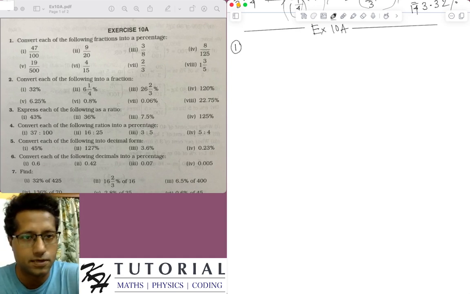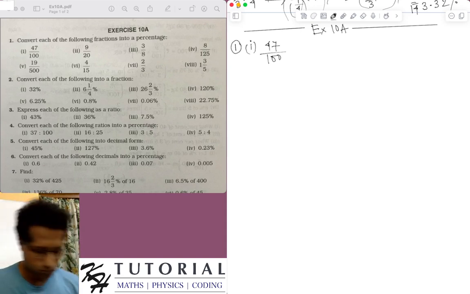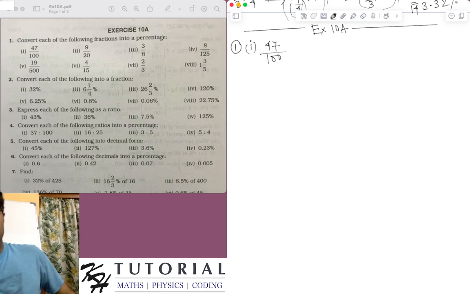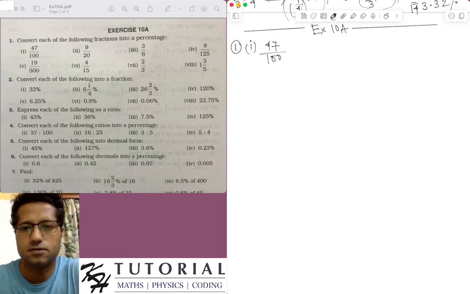It says convert each of the following fractions into a percentage. So we have to convert a given fraction into a percentage. The first fraction is 47 by 100. How do we convert a fraction into a percentage?